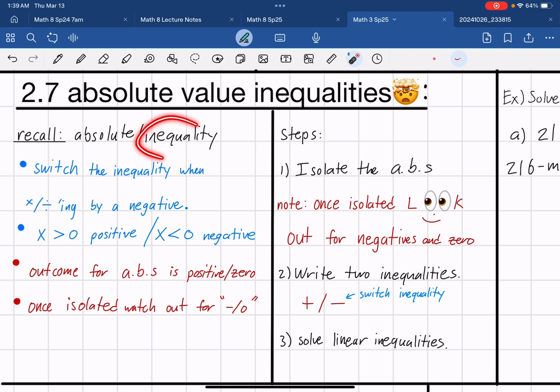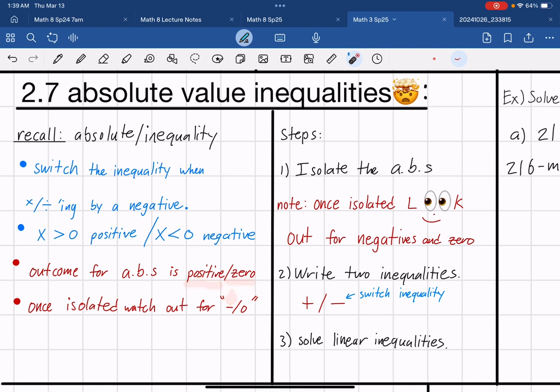And that's for inequalities. A recap for absolute value. Remember that the outcome is either going to be positive or 0. Those are your only outcomes. So once you isolated the absolute value, you had to watch out for negatives and 0.